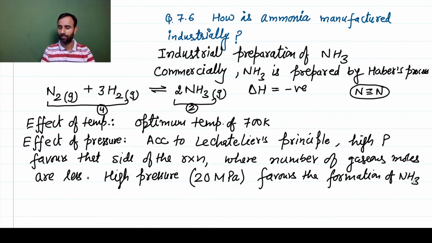Optimum means it is like this: rate versus temperature. If you plot the graph, then with increase in temperature, rate increases and it reaches a maximum and then it decreases. So this temperature at which the rate is maximum is called the optimum temperature.